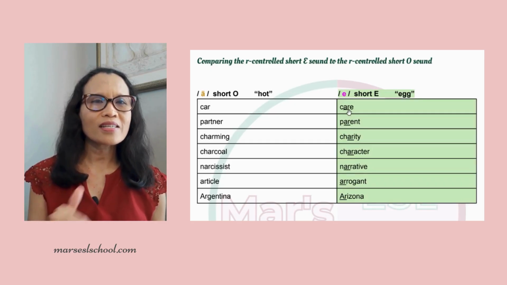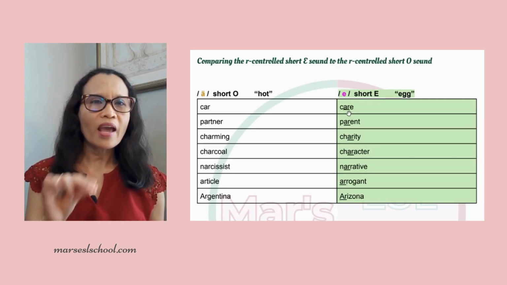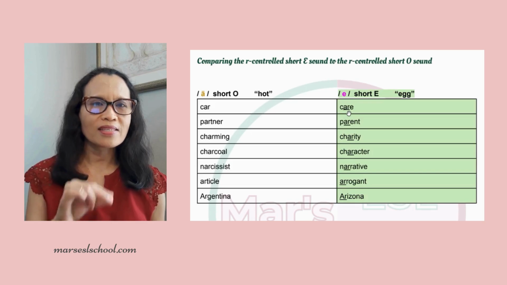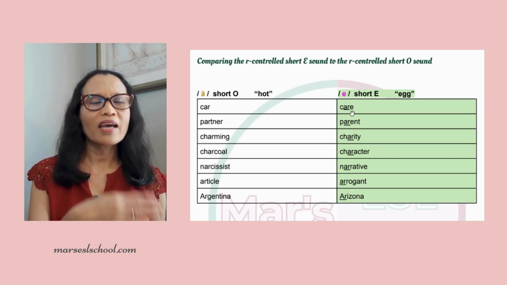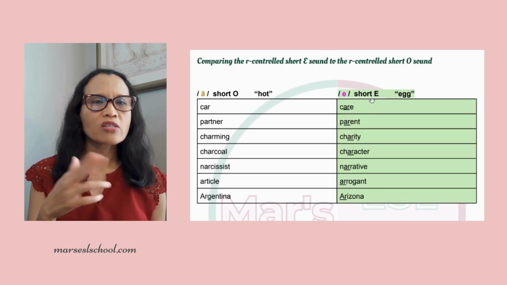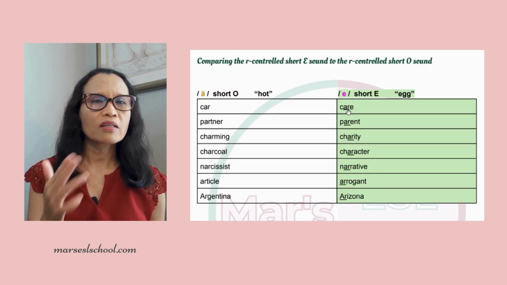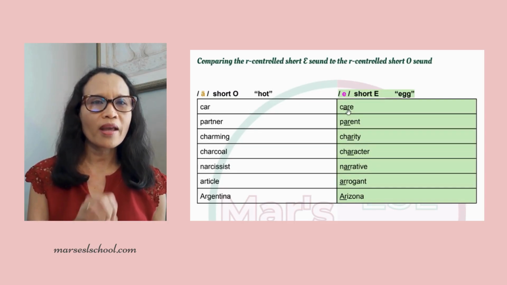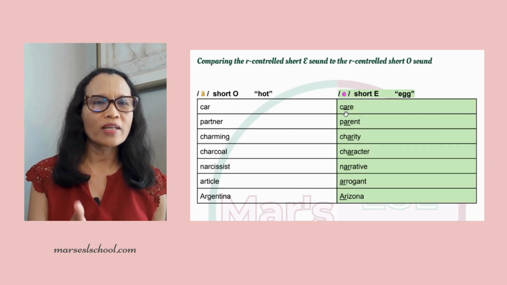So in our first example, care, the letter A is followed by an R. So the letter A doesn't have a short A sound in care. It has a different vowel sound. It has a short E sound. So that's your K sound, plus short E, plus R, care. So instead of a short A sound, the letter A in care has a short E sound.